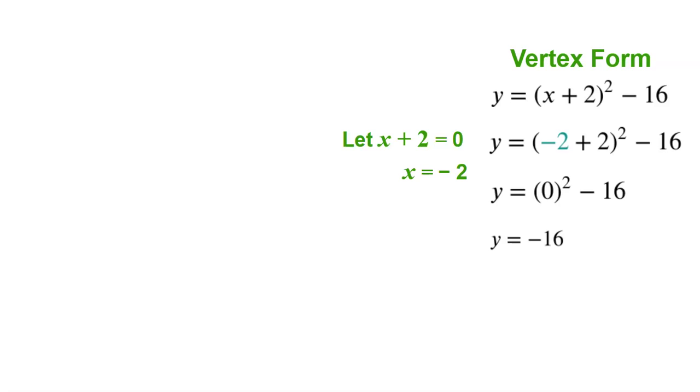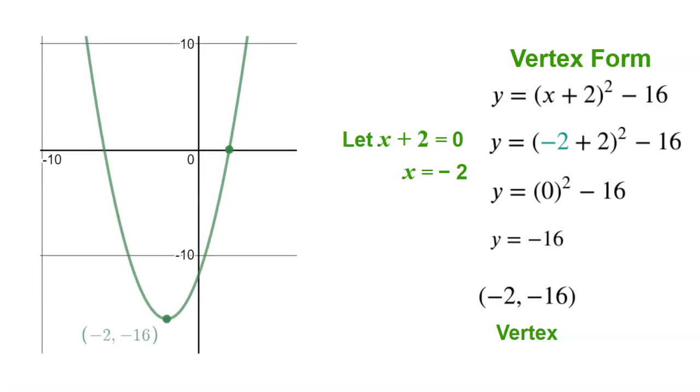So if we put in a negative 2 for x, we'll get out a negative 16. And that is the vertex of this graph, negative 2, negative 16. The vertex is either the highest or the lowest point in the graph.